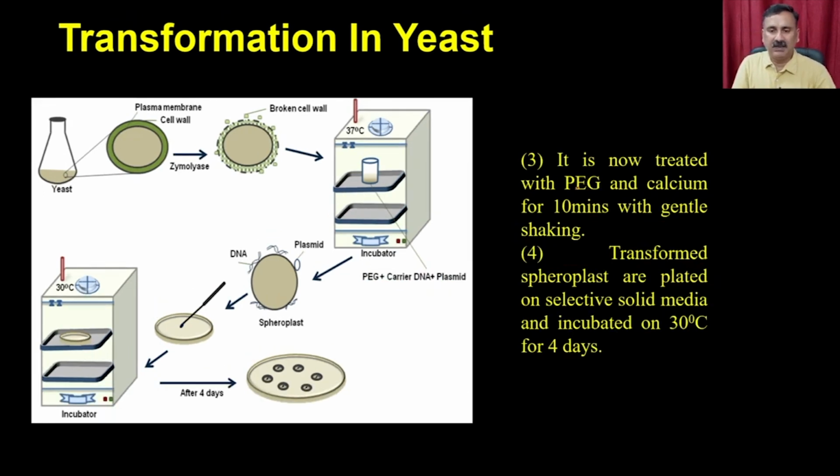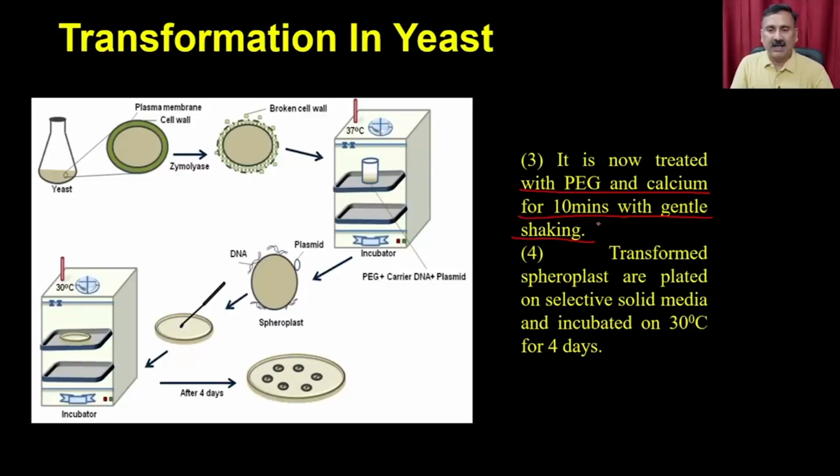Then in step 3, it is treated with the PEG and the calcium for 10 minutes with gentle shaking. So, you keep the spheroplast, the carrier DNA and plasmid together, and then slowly add the PEG as well as the calcium.